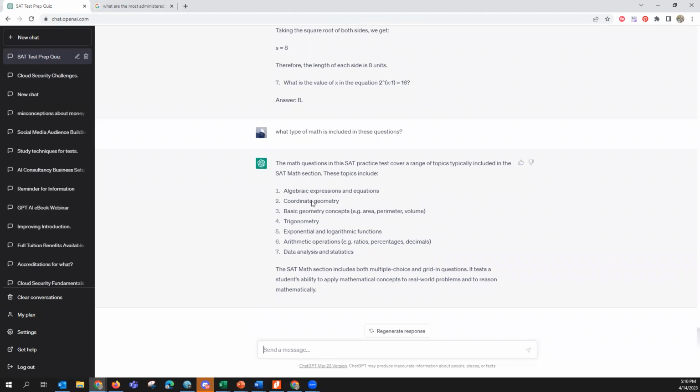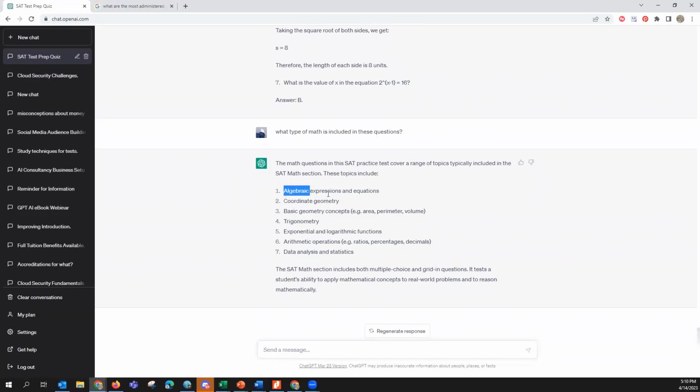SAT, okay, so these topics include these, right? Okay, let's say you are really good at geometry. You're not so good at trig, and not so good at algebraic expressions. So if you're already good at geometry or basic geometry concepts, you don't really need to study that. Just to say, hey, I know I'm already strong in these.